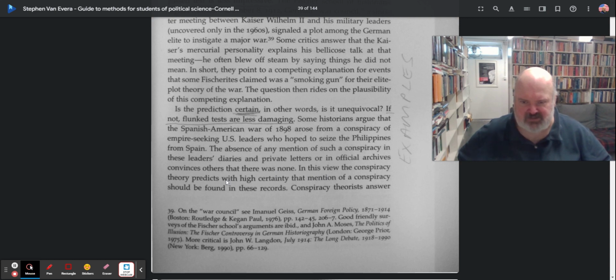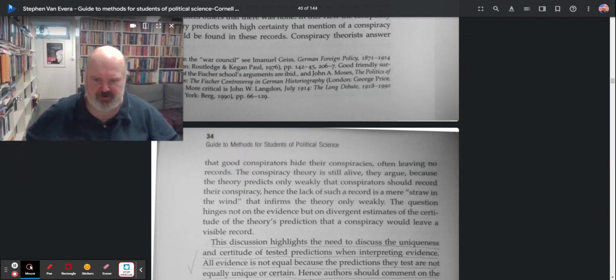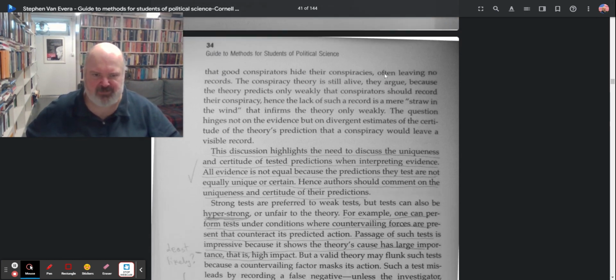In this view, the conspiracy theory predicts with high certitude that mentions of a conspiracy should be found in these records. The conspiracy theorist answers that good conspirators hide their conspiracies, often leaving no record.